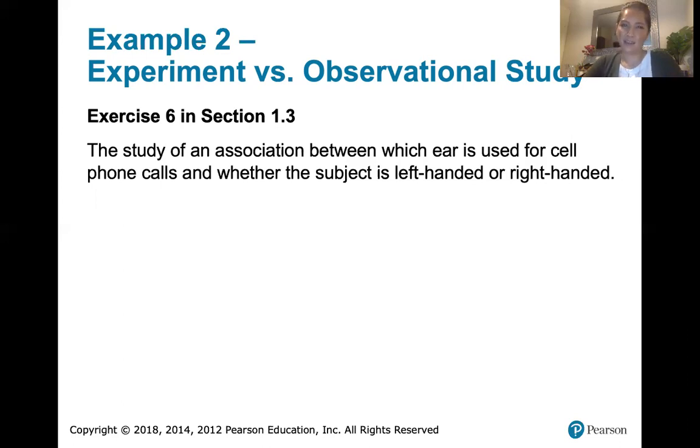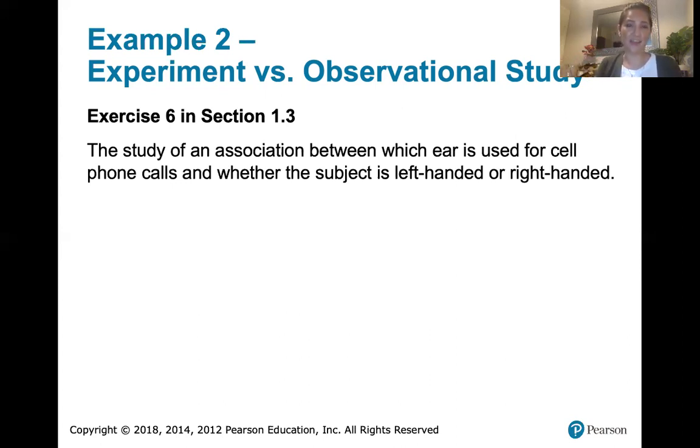So you might think that this is an experiment because we are trying to look for the relationship between these two variables, but let's think about it further. We have to ask ourselves, are we applying some treatment to some group? Are we telling everyone to pick up the cell phone and use their right ear every time?